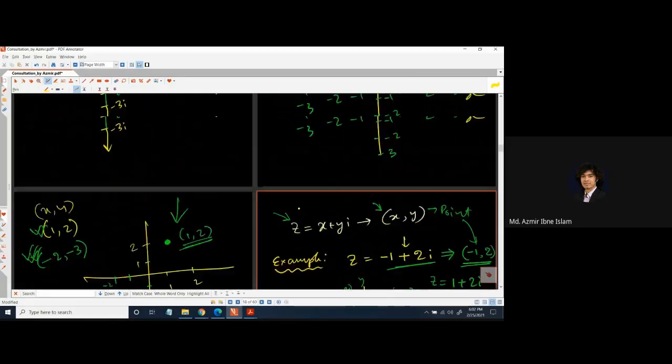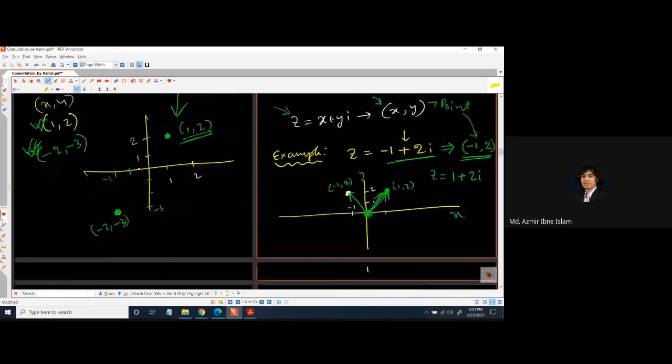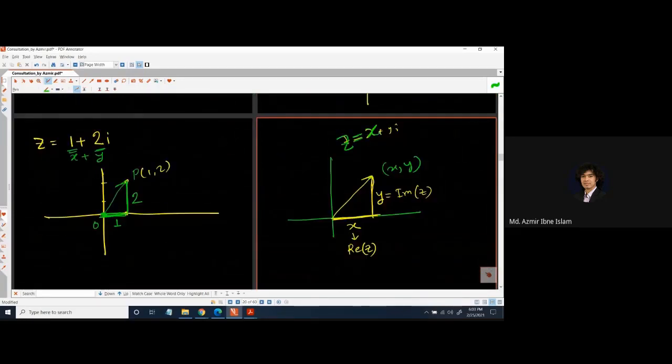And you know that we also have the polar form, that is r e to the power i theta. So now we have to know how we can convert the rectangular form to the polar form. Our target is to convert to z equal to r e to the power i theta. So we have the same point (x, y) on the Argand diagram.